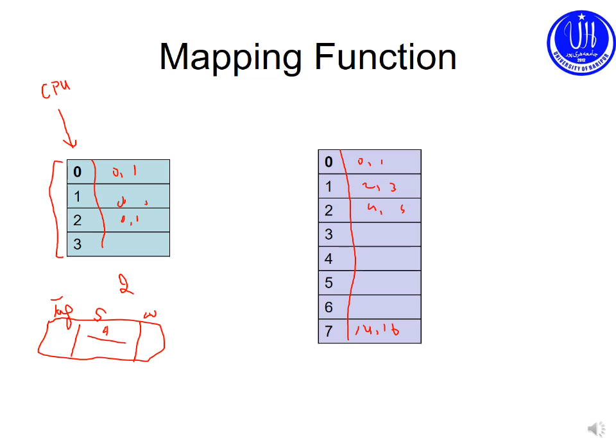But the disadvantage with direct mapping is, for example, if a process needs block number 0 and block number 4, both are coming to the same line. So for the cache, it is not possible to occupy these two blocks at the same time, because the cache line number for both is the same.